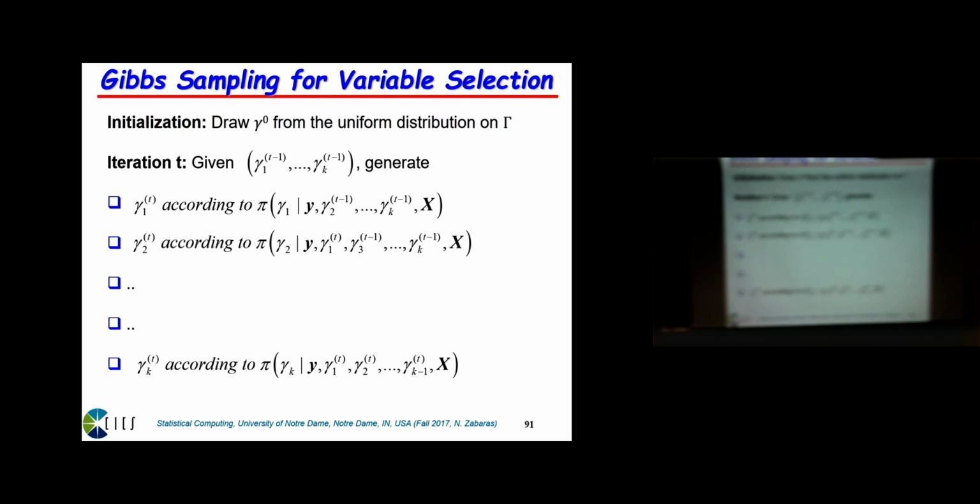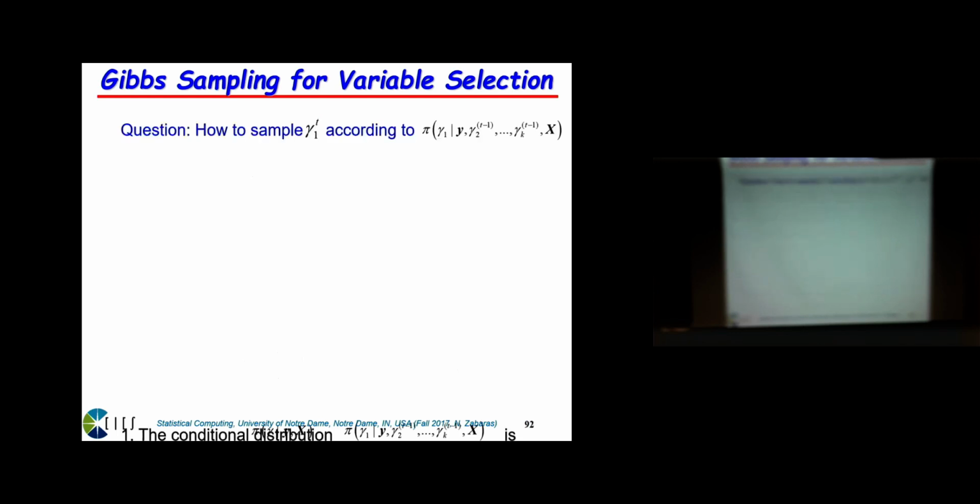What is the trivial thing you can do? If I give you the joint posterior and you want only the posterior of gamma 1 given the other variables, you use the joint posterior, and then you plug in for the other variables the fixed values that you want to condition on.